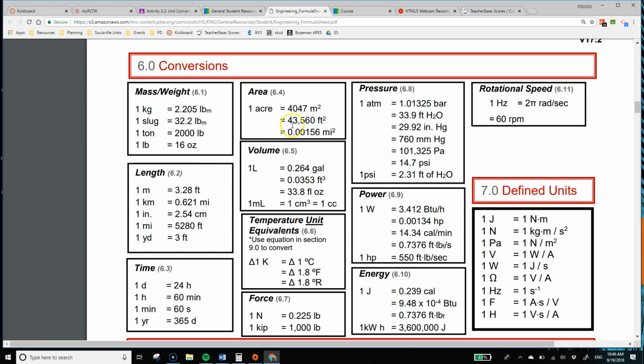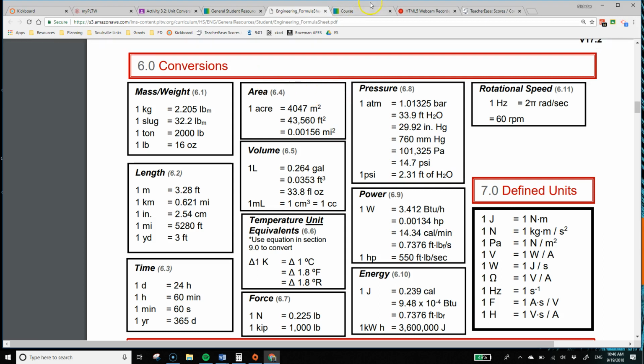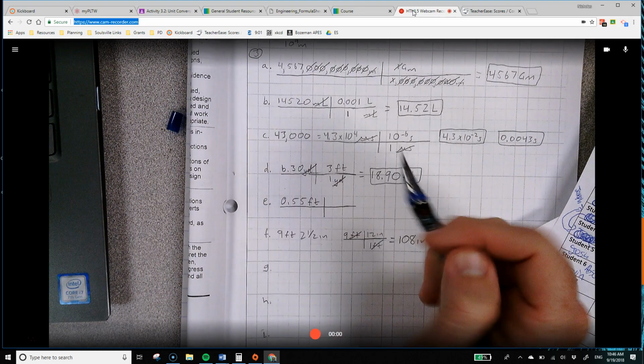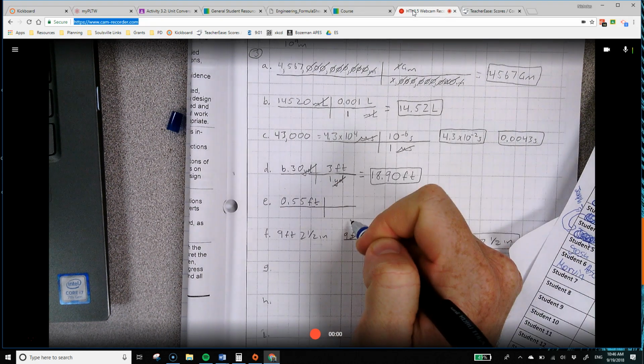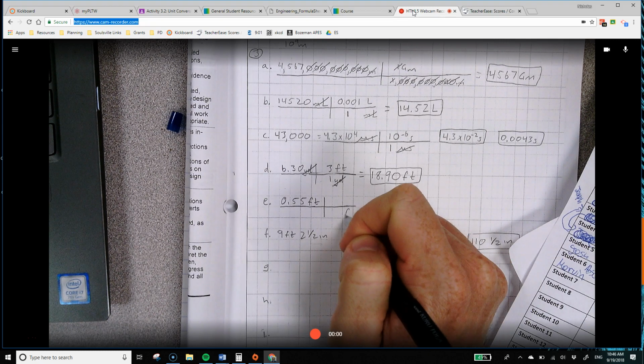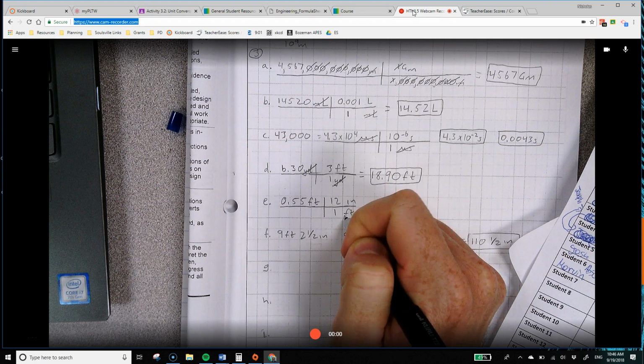Somebody tell me how many inches are in a foot? 12. All right, 12 inches in a foot. So do I put feet on the top or the bottom here? Feet at the bottom, inches at the top, 12 inches, 1 foot.